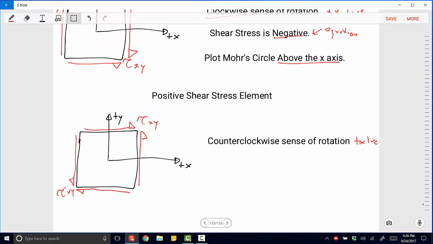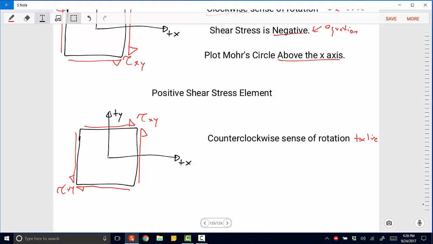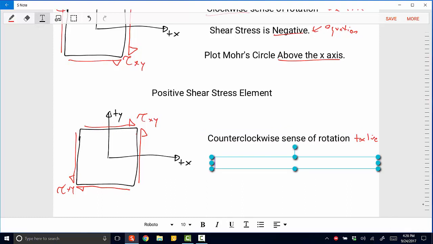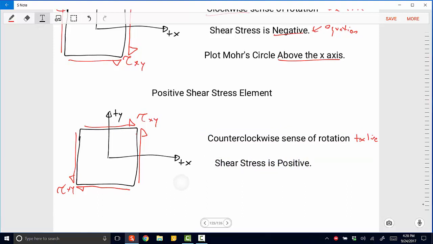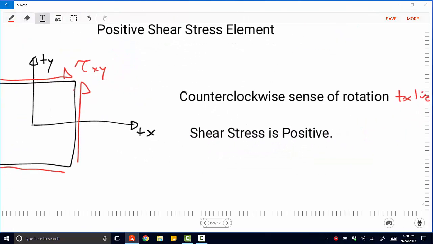So these two would generate counterclockwise, while these would generate clockwise, balancing each other out. Now, if we look at this body, the skew that we would get due to these shears is actually clockwise skew. And that clockwise skew means that our shear stress is positive in this element, and this positive sign would be used in our equations.